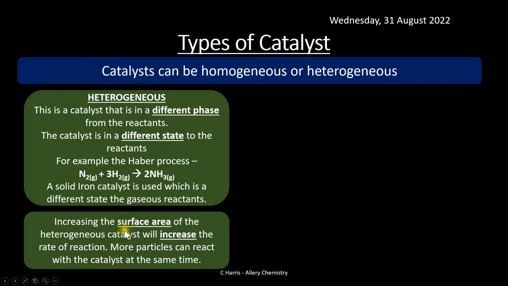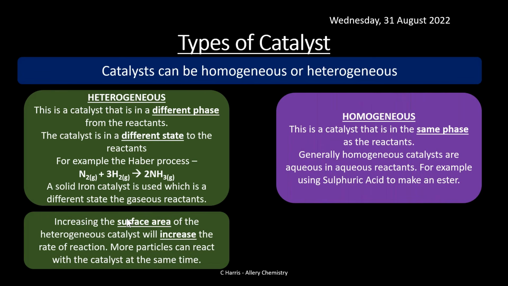Now, with these catalysts, if we increase the surface area, then we will increase the rate of reaction. There are basically more sites to which molecules can adsorb, and we'll look at the mechanisms of that as well. That allows reactions to happen much more quickly.